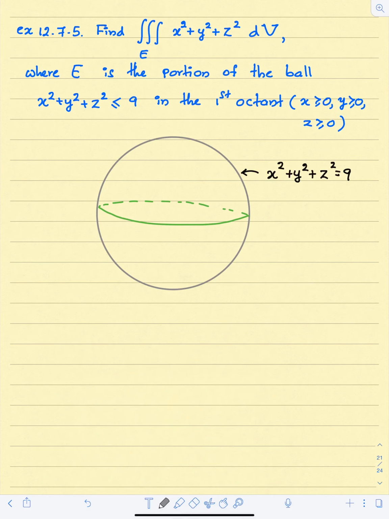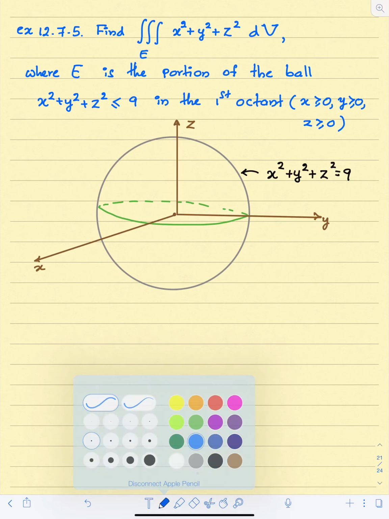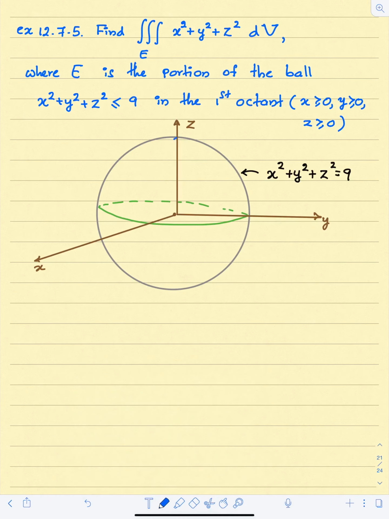Then we have the x-axis, y-axis and the z-axis. So basically our domain is the portion of the sphere in the first octant. So probably this part. This is your domain.